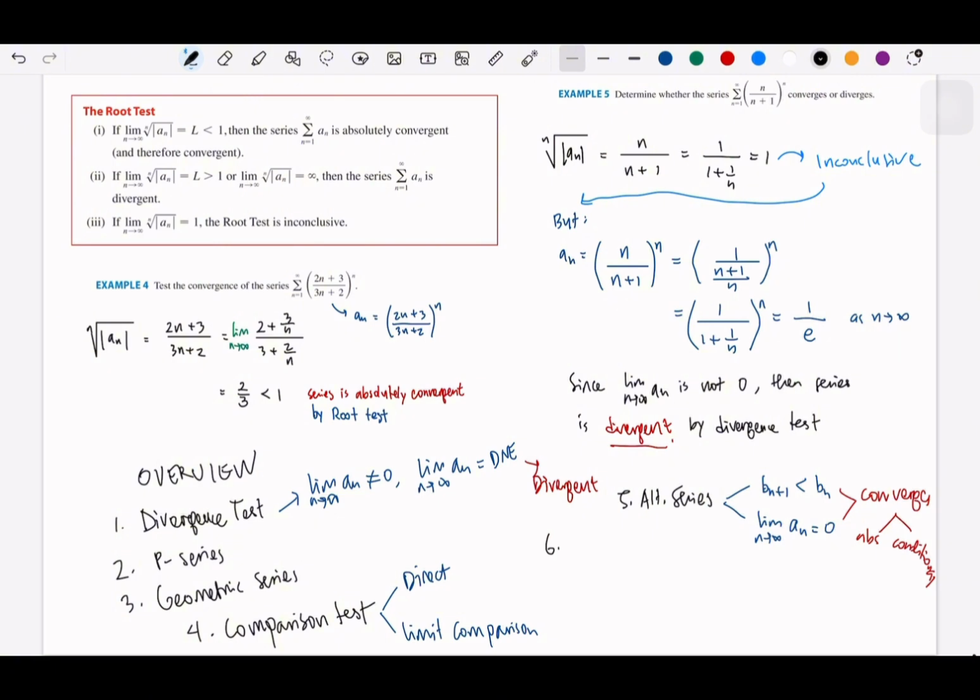And number 6, we have ratio and root. So I believe 1, 2, 3 are quite easy to see. For 4, whenever you see something complicated, like fractions that feel complicated, then you can try the comparison. For 5, if you see any -1 term or any terms that make it alternate, then you can check the alternating series.